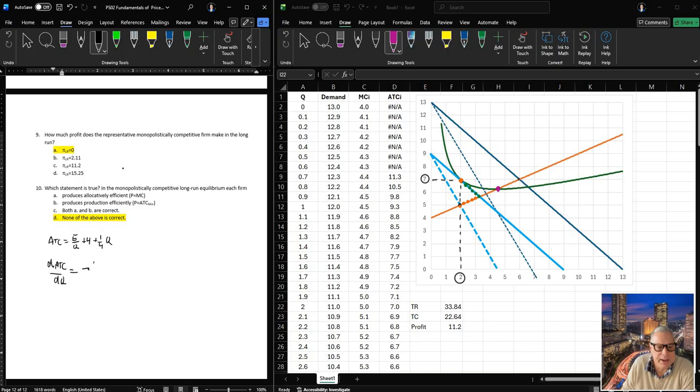So we have -5 over q squared plus 1/4 equals -1. Okay, so let's multiply both sides by q squared. Then we get -5 plus 1/4 q squared equals -1 times q squared.